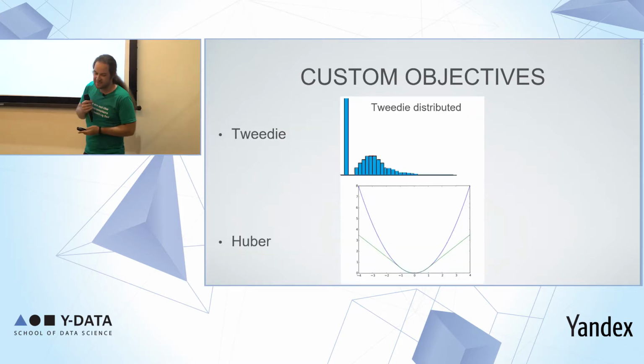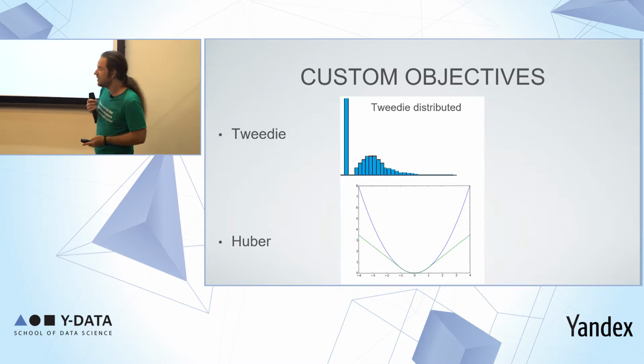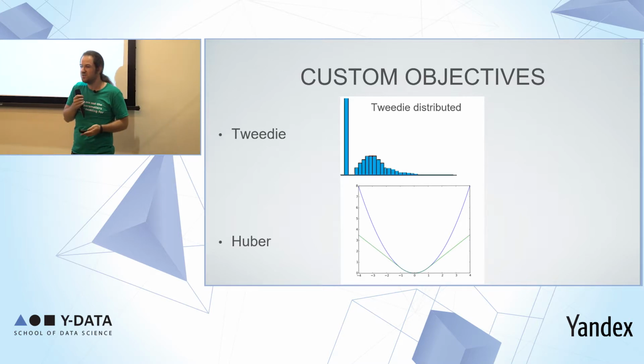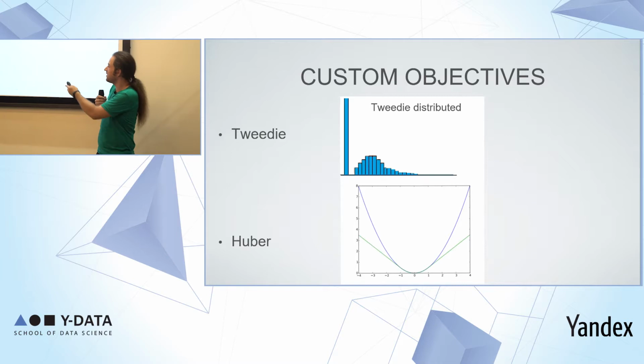The second custom objective is TVD. I mentioned it because generally you have this distribution for demand prediction tasks, and it looks like this. So if you see your target looking like this, then probably you need this distribution, loss and optimization, which is named TVD.